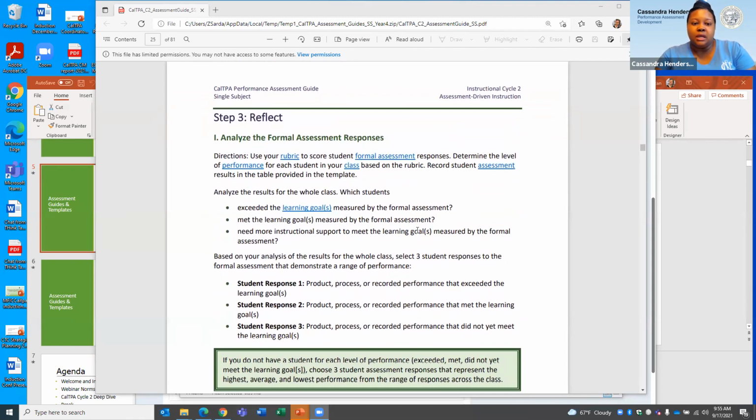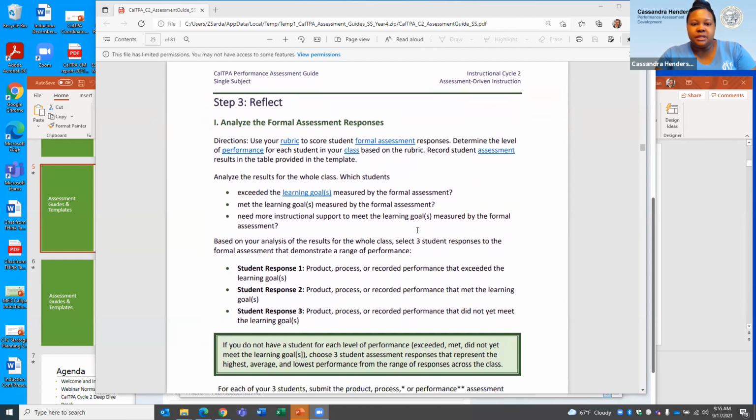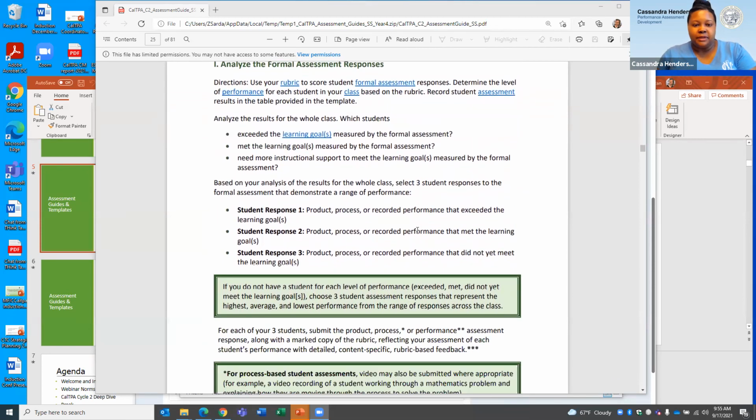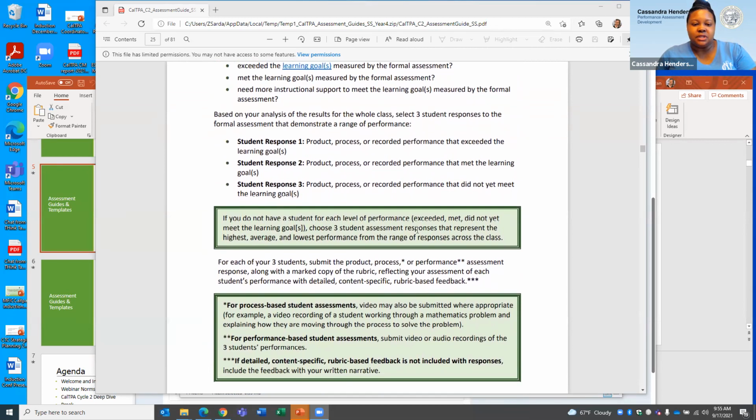So part 1 in step 3, reflect, is to analyze the formal assessment responses. This is where they're going to talk about those formal assessments with students and the rubric. Again, there are 2 green call-out boxes. Please encourage candidates to pay close attention to those.